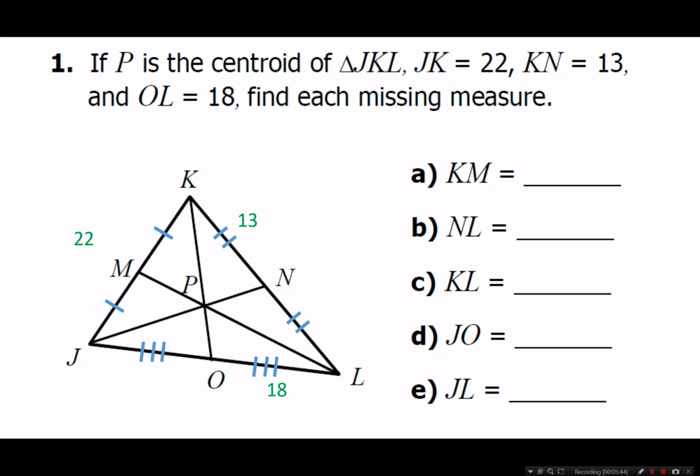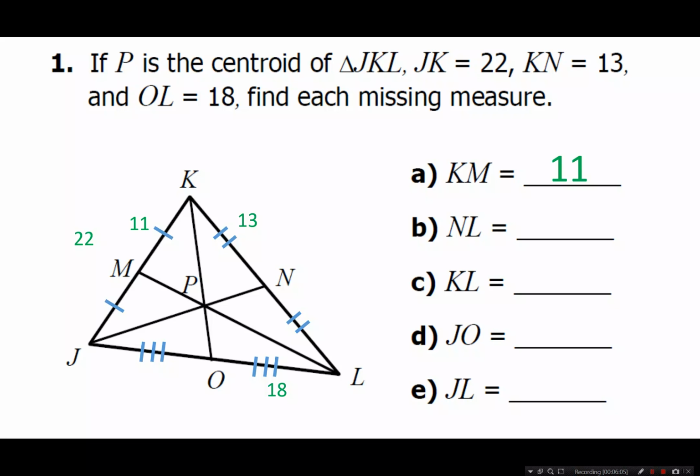But what we do know on this one is that since it's a median, all three sides are split in half. So when we're finding KM, well, we know JK is 22. KM has to just be half of that. So that would be 11. When we're looking for NL, NL is on the same side as KN.